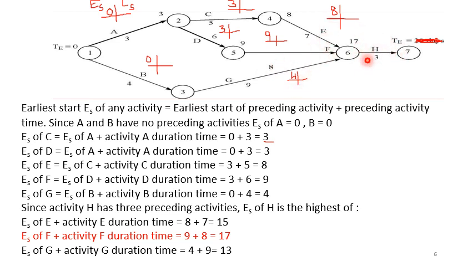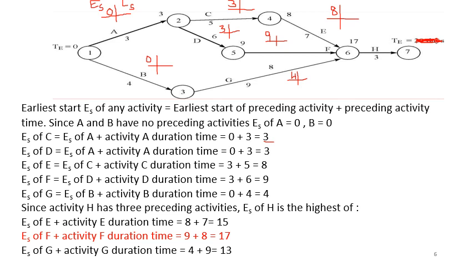H can start only when all three, E, F and G, are completed. So when you calculate the earliest start time of H, you will have three values, amongst which you have to decide which is the earliest start. We are talking about mathematical calculations.